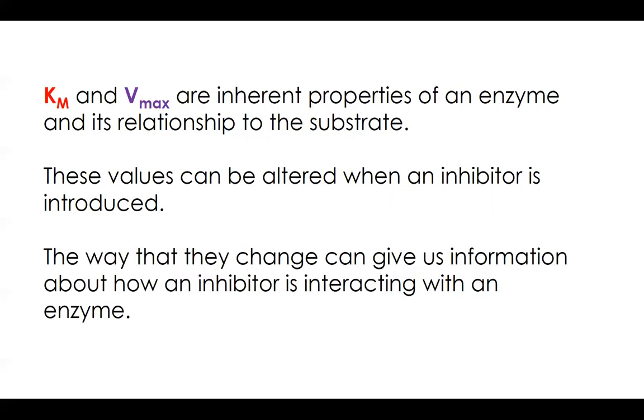The way that these numbers change is going to give us information about how an inhibitor is interacting with an enzyme. So we need to compare what happened with the normal enzyme and the situation with an inhibitor. In the next video, we'll look at two different types of inhibition and how that's going to change the Km and the Vmax.